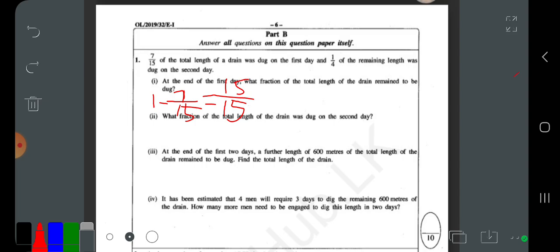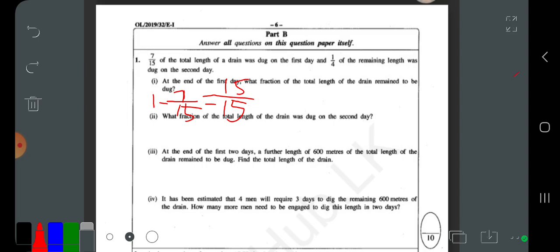If you get another example, like 2/7, the whole will be numerator 7, denominator 7. 7/7 will be the whole, right?